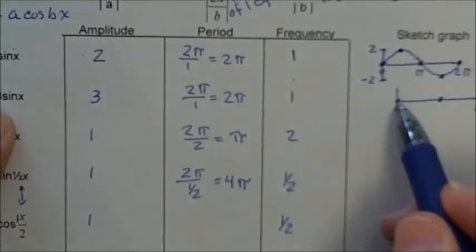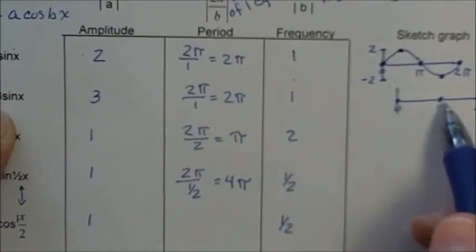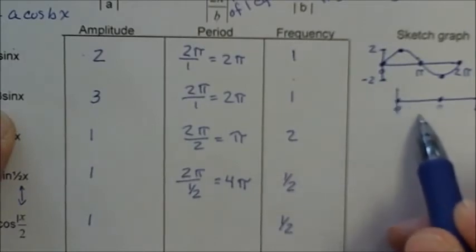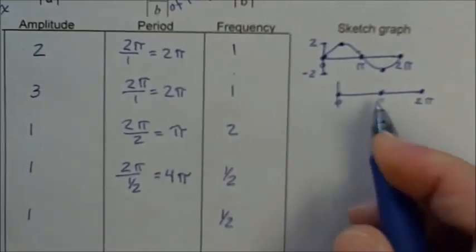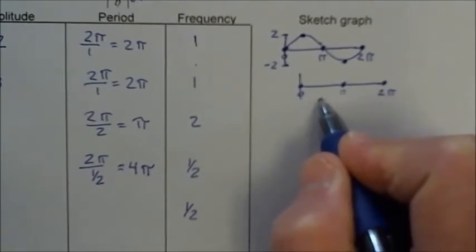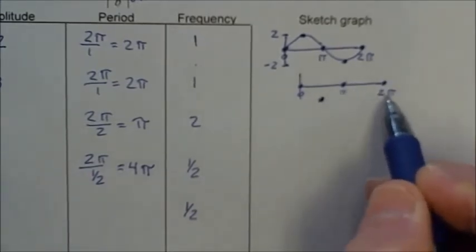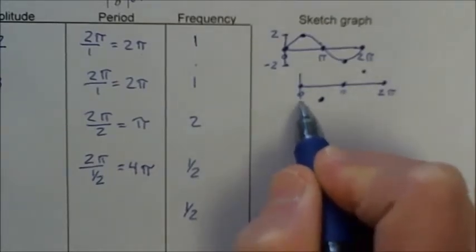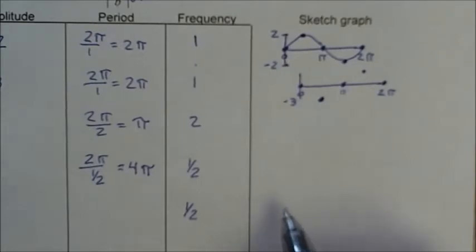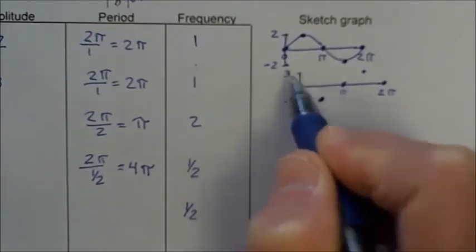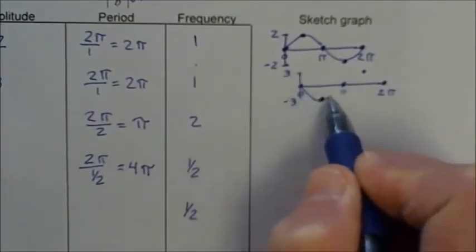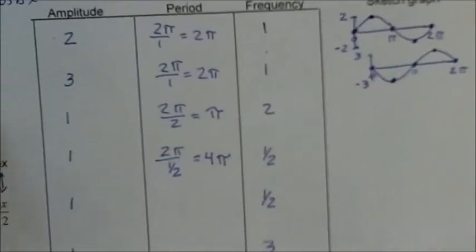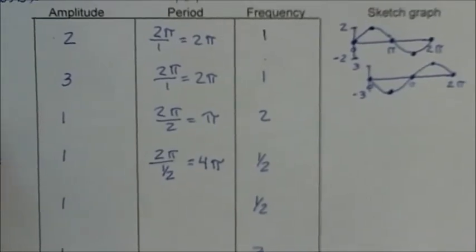So instead of between 0 and pi being at +1, it's going to be inverted. It's going to go down to the minimum, to -3. And between pi and 2 pi, it'll be up at +3. So my y scale, labeling this, would be -3, and here +3. And there we have a sketch of the graph y equals -3 sine x.